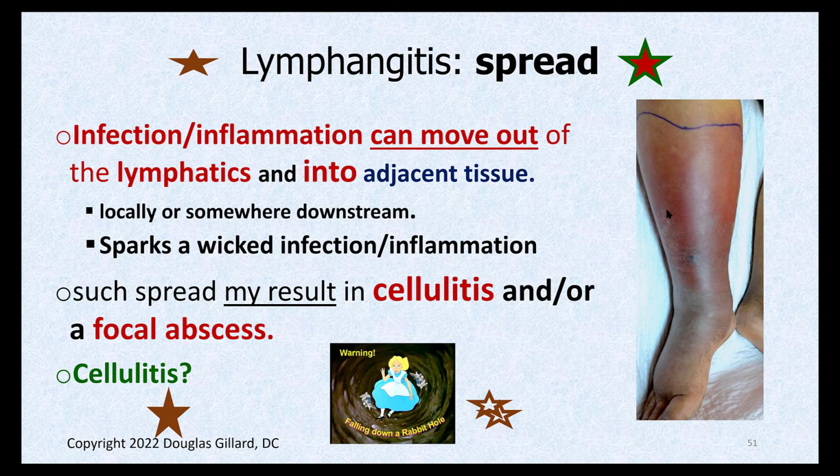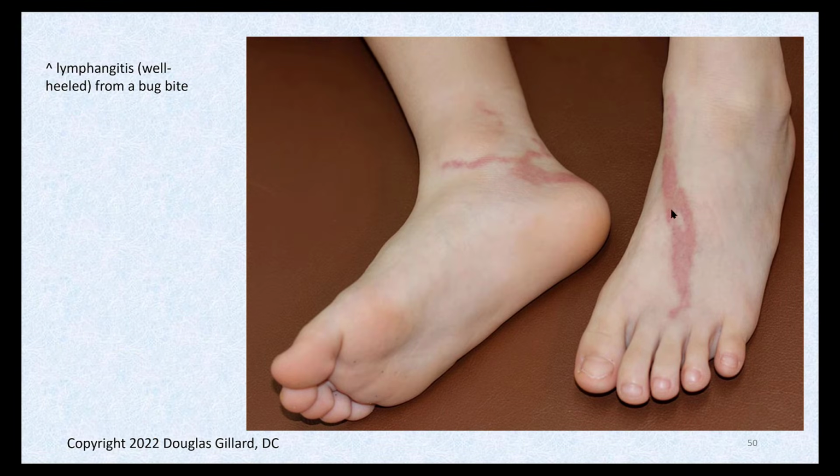All right, so here the bugs have spread out of the lymph vessel a little bit, gotten into the skin, but if they're very, very aggressive bugs, they can take over the entire skin. So here they're isolated to a region just on top of the lymph vessel.